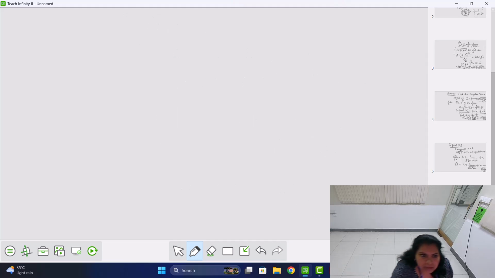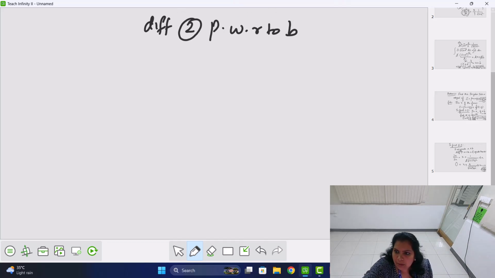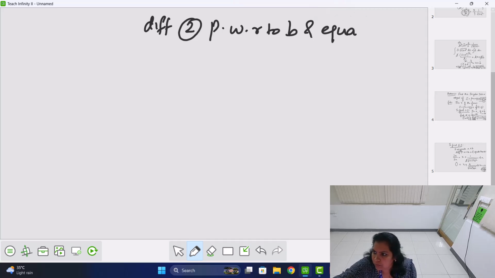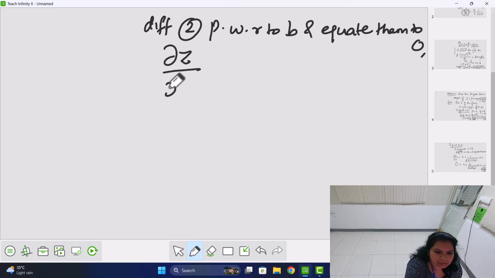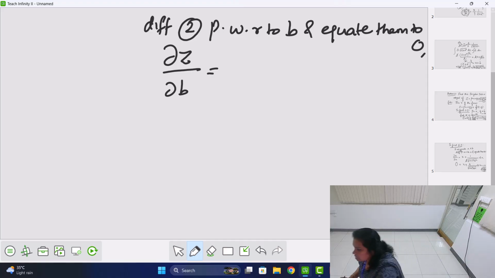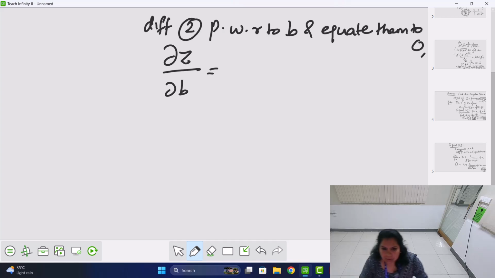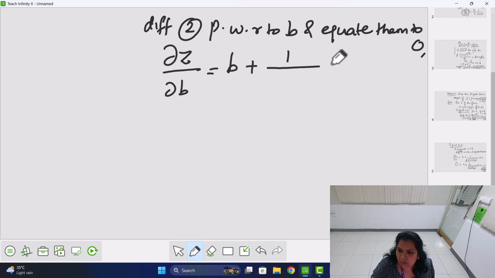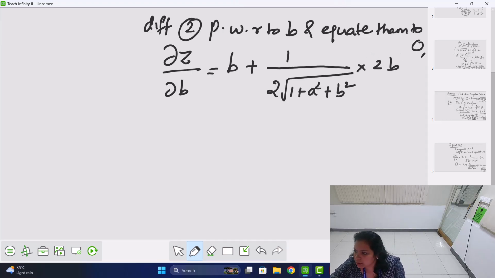Similarly, differentiating partially with respect to b and equating to 0, what do you get? Dou z by dou b is equal to, now look at this equation. You get b plus the same term, but with b in the numerator into 2b, so cancel it.